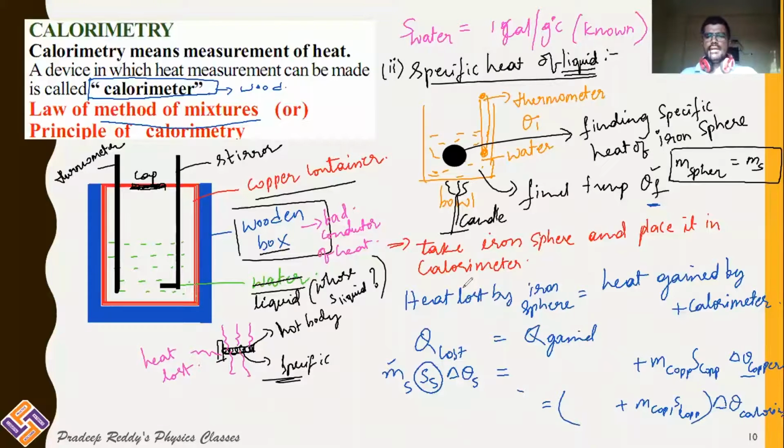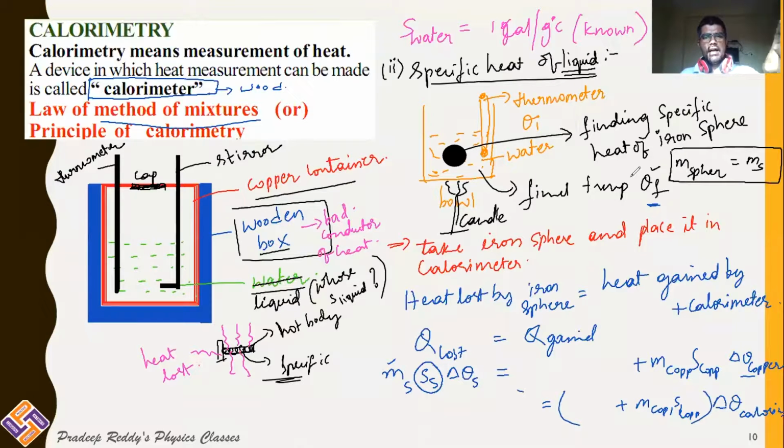The procedure is the same. Already we have calculated the specific heat of the iron sphere. We know its value. So what will you do? First you will take this iron sphere and heat it up to a certain temperature in this water. We'll increase its temperature to some desired value by placing it in this hot water. And then we will take this iron sphere and place it in the calorimeter.